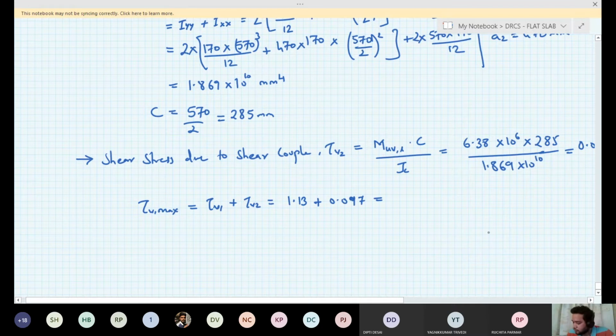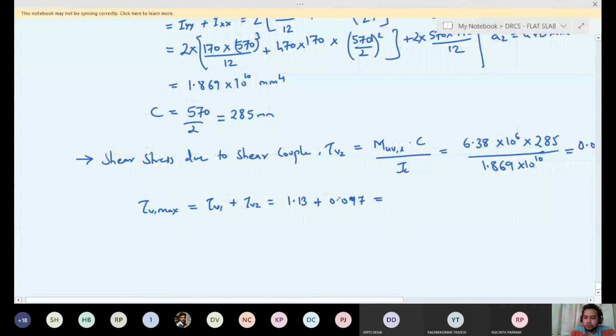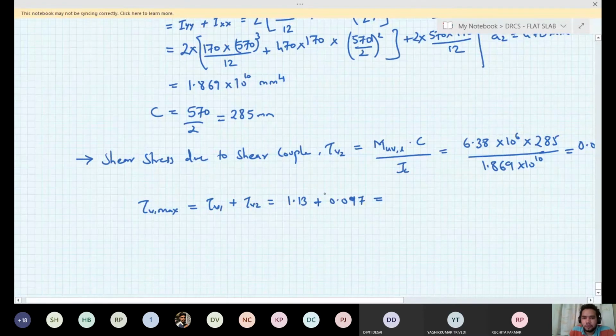So it is 1.22, or we can say 1.227, so let us say 1.23 Newton per mm square.